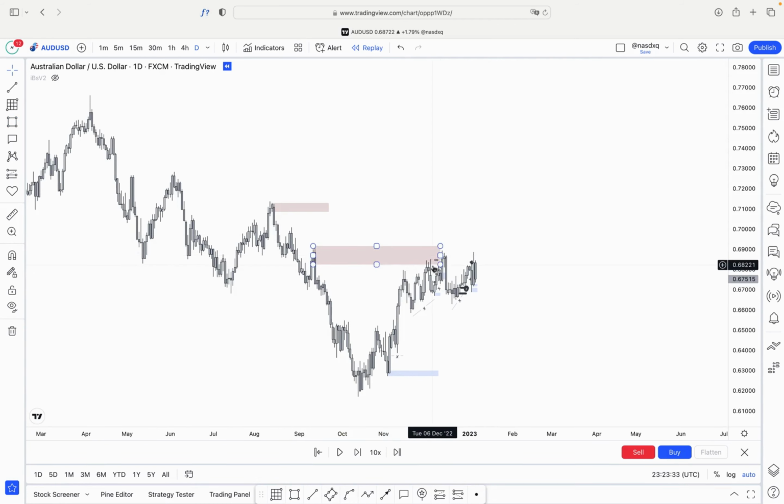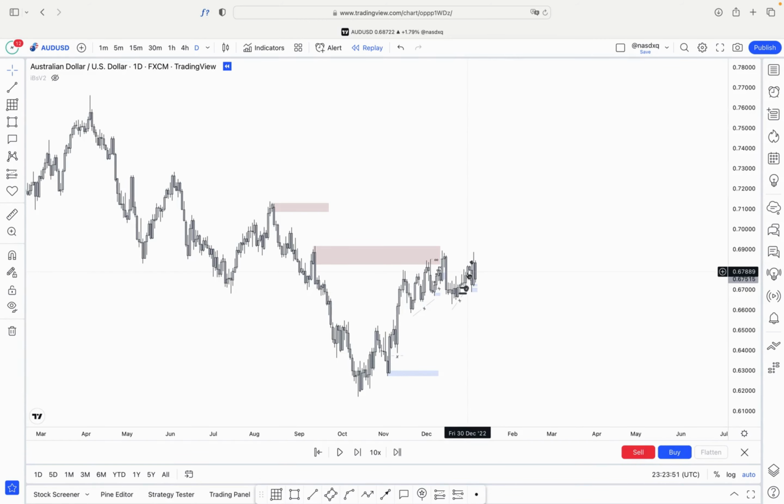However, when we mitigated that supply, you can see we came into it once and then pushed up, took liquidity. So what I'd be expecting from this point right here is we'd be steadily pushing down and start taking out lows. But that didn't happen. We halted here and then started to push on up again.